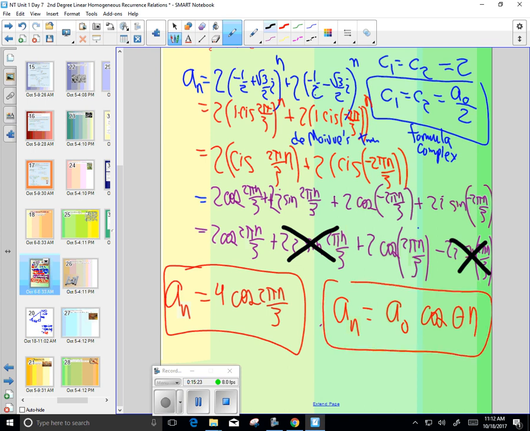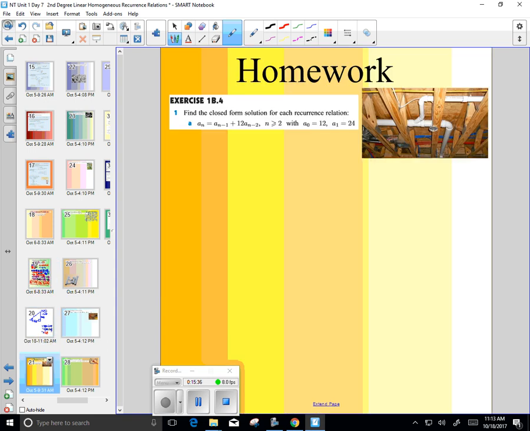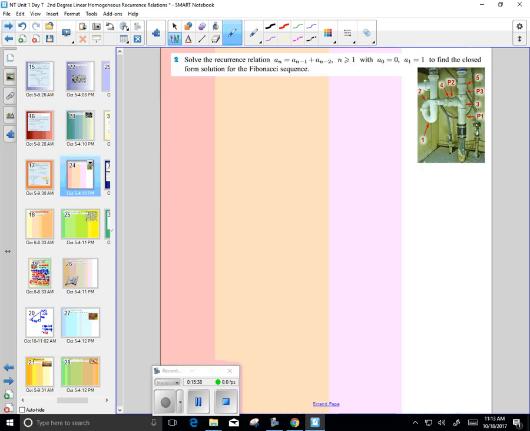A little general case for you. All you really need to know is what theta is, and a0, and you can check it. So there you go. That's the problem that we worked on yesterday, all worked out. If you run into any of those, and I think you do, I would guess with problem 2 you'll run into that. See if you're able to figure out with the Fibonacci sequence what that's going to be.